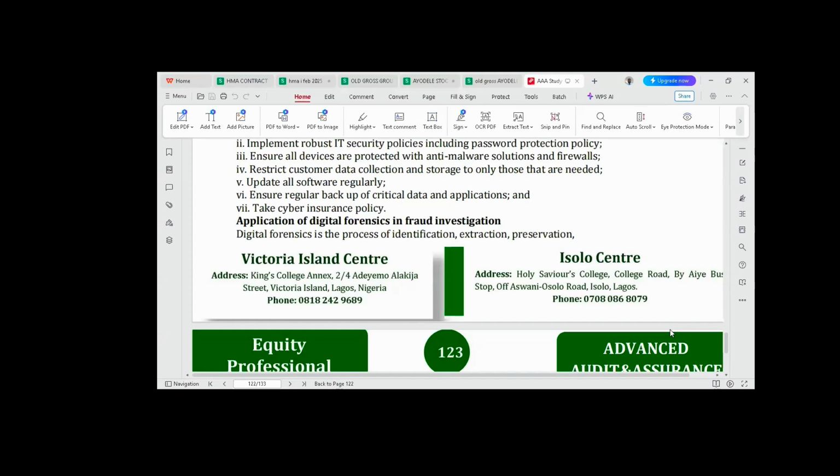So if you see those breadcrumbs now, for instance, if they want to catch a thief or a killer, maybe not in Nigeria yet, but a killer abroad, what they just need to do is get his DNA sample. How can they get the DNA sample? By taking a swab of his saliva, or they wait for the guy to go to a tea shop and have a cup of tea.